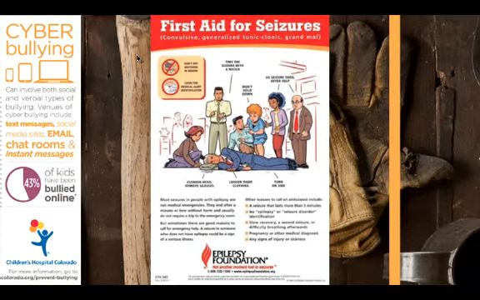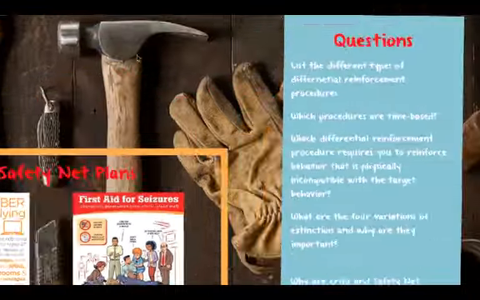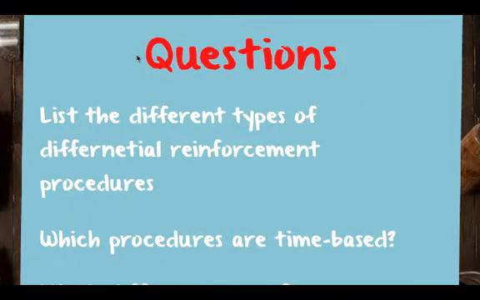So in summary, I've introduced you to the differential reinforcement procedures, the DRO, the DRA, the DRI, the DRL, the DRH. All are different. Which one is interval based? It's a DRO. That's different from the others that are response based.